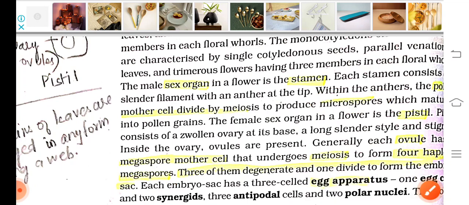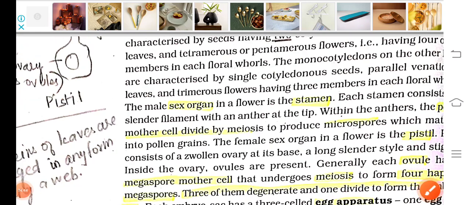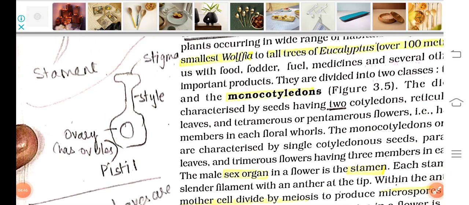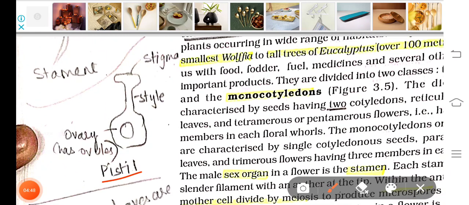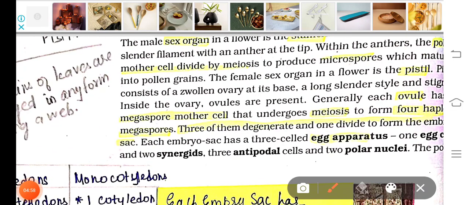Okay, now let's see about the females. The female sex organ is the pistil. Let me show you. Okay, this is a pistil. This is stigma, this is style, this is ovary. Ovary has ovules.